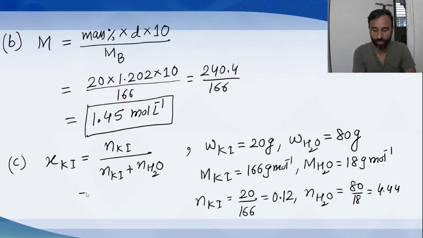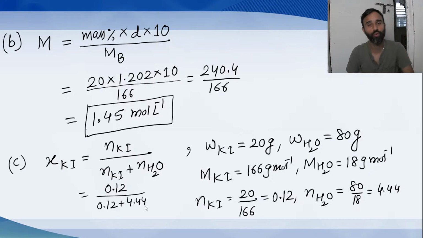Just put the values. 0.12 divided by 0.12 plus 4.44. 0.12 divided by 4.56. It is 0.026.